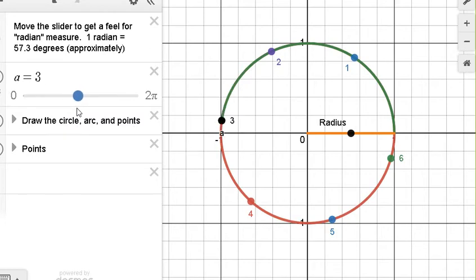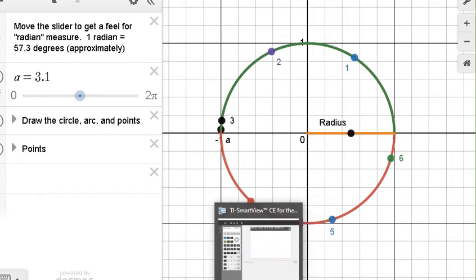Somebody ventured a guess here. How many radii am I going to need to stretch out across the unit circle to get halfway around? Pi. Pi radians. Beautiful.